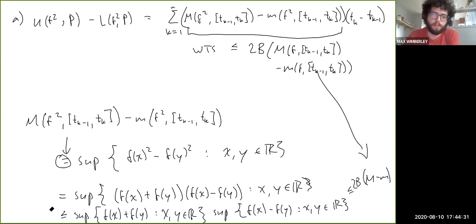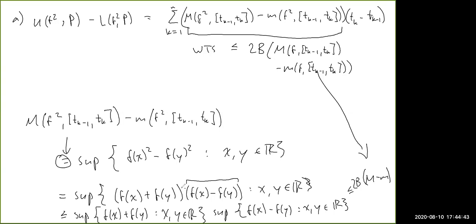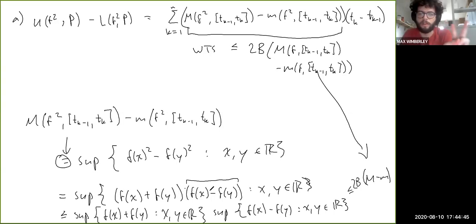It is valid. It's just that the justification is not immediate, because there are some pairs x and y where this may be negative. So there's a symmetry principle here: for every pair x and y where this is negative, by flipping the pair x and y, you can turn this into a positive. So the set of all of these values is symmetric about zero.